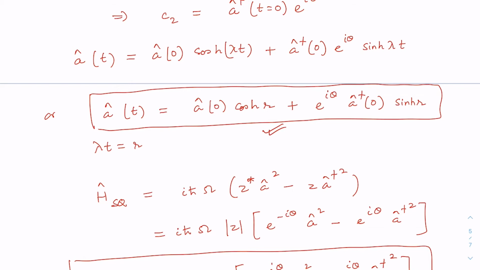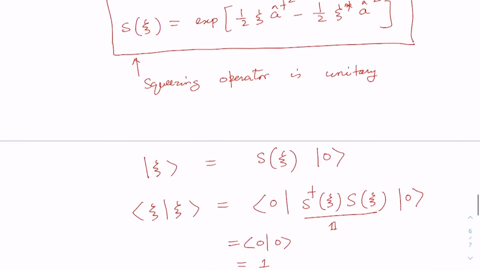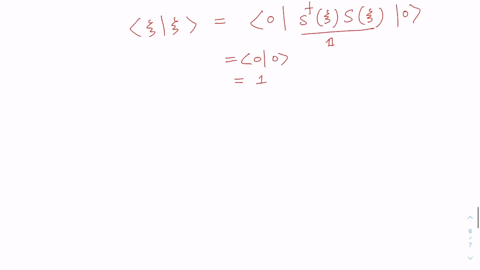This is the expression that you are going to get generally in the literature. Finally, let me quickly list some useful relations that you can immediately derive, just the way we did for the displacement operator in the context of the coherent state.